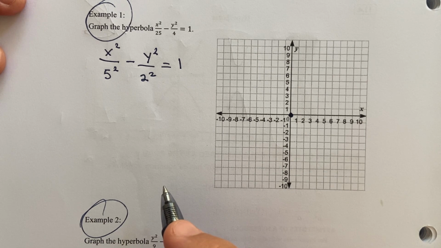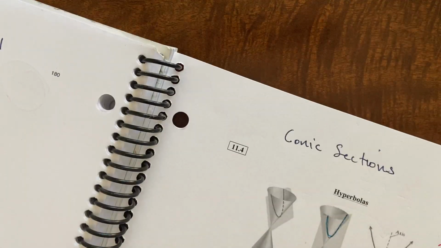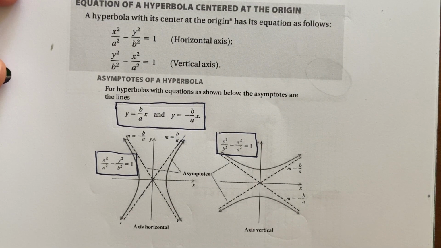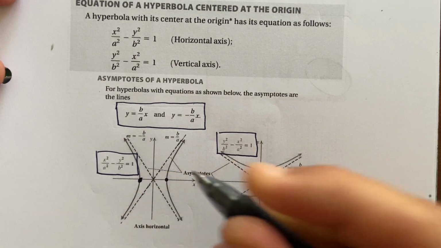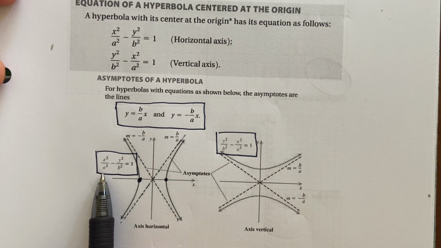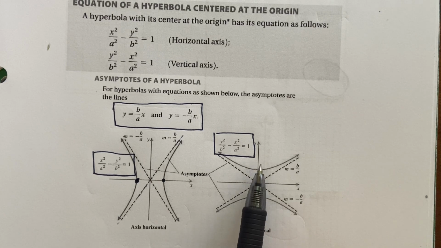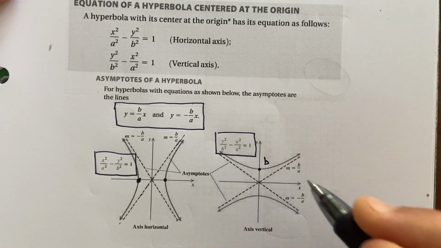Let me just summarize one other point. Once you know in what direction this thing is opening, we need to figure out how far to go. That information comes from a if it's opening horizontally, and it comes from b if it's opening vertically. So this distance here would be a distance of b.